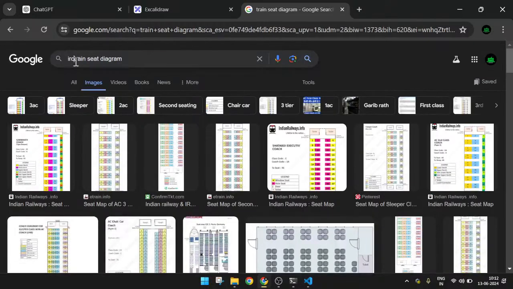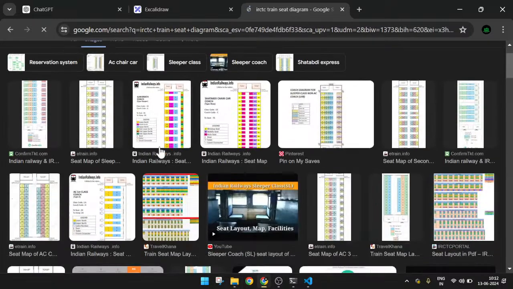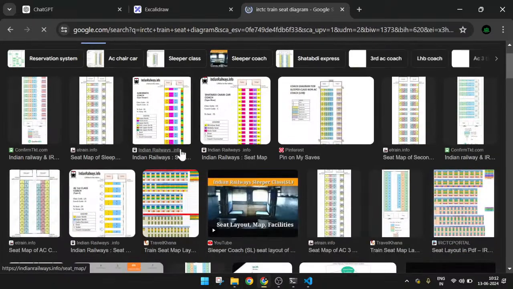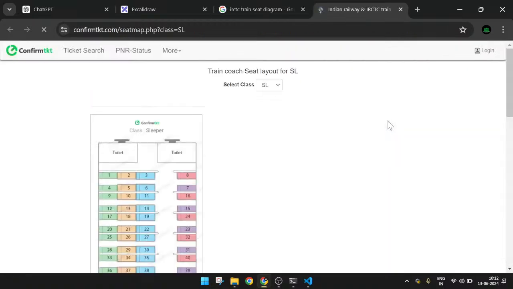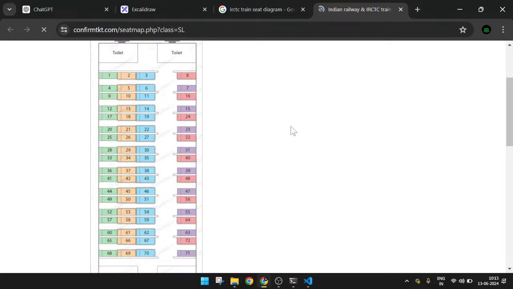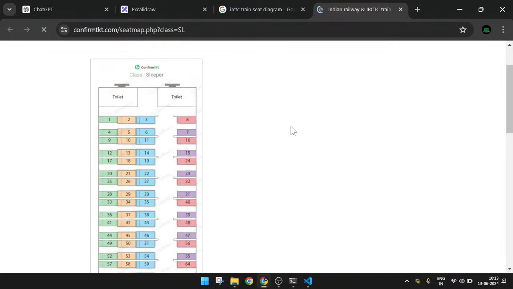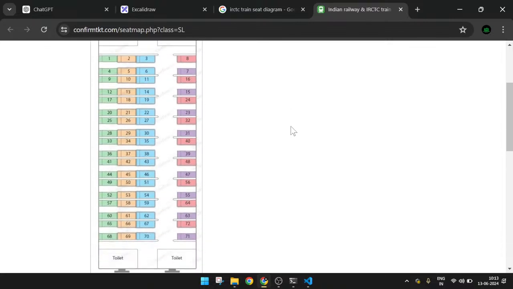I think I should use this now. Okay, so this is a diagram of a train. A train has 71 seats in it.